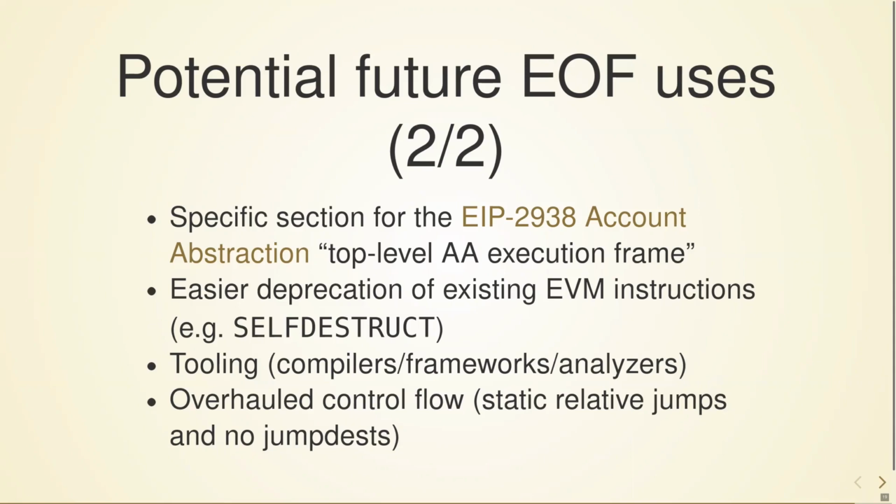People can keep deploying such contracts. So at least if we have EOF and we disallow deploying non-EOF contracts, then we reduce the number of contracts we need to investigate every single time we want to deprecate something or change something.